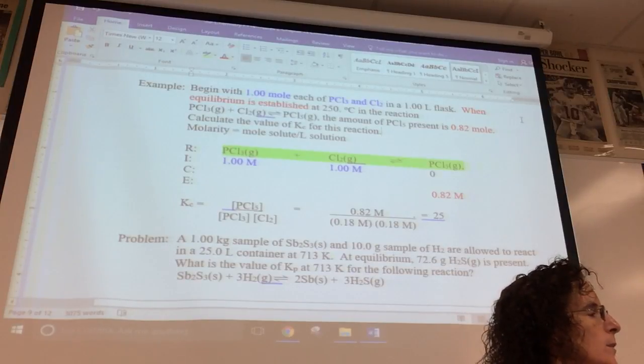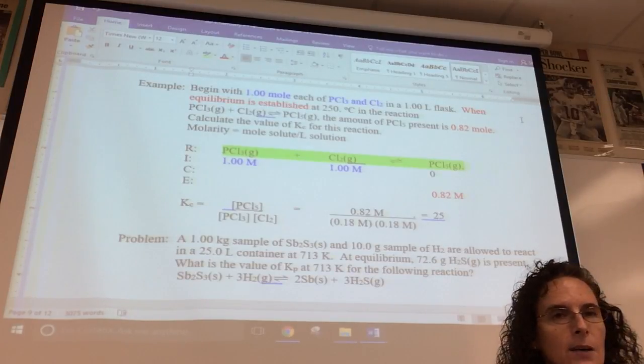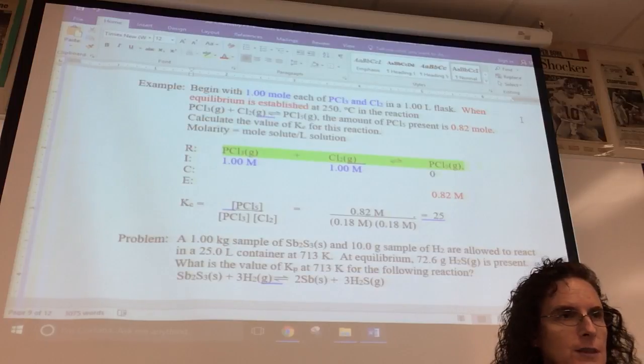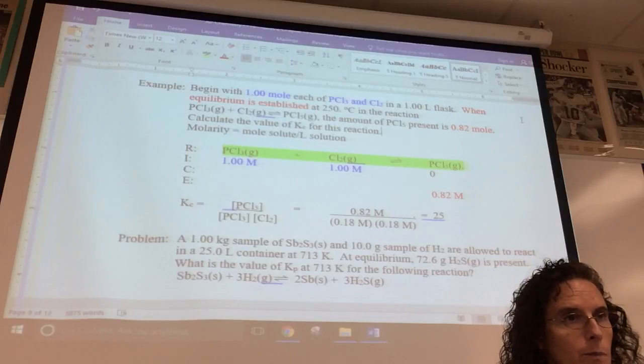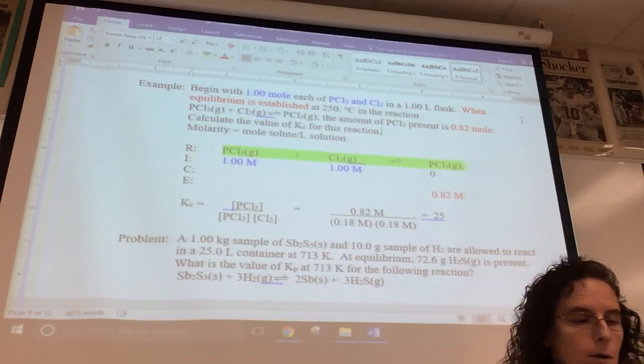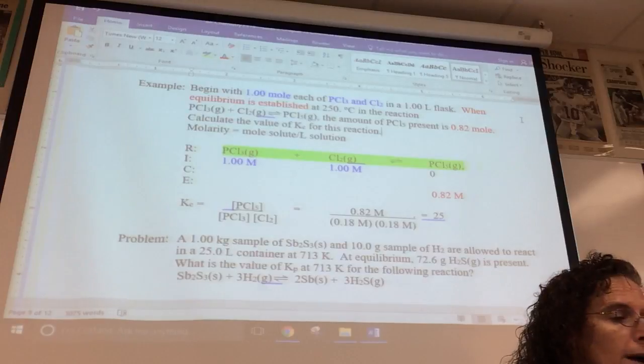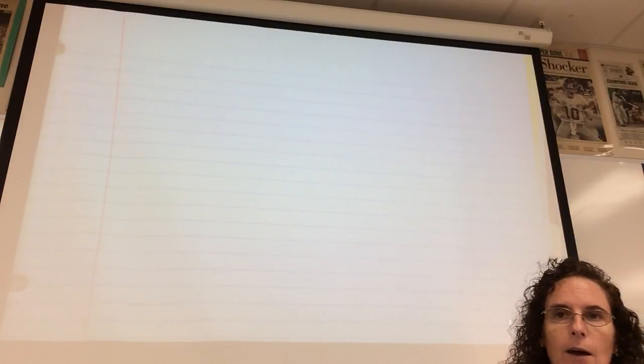What you really need to be careful with is at first glance it looks like they're just giving you all the concentrations and, ooh, let's write our Kc expression, plug in and solve. No. Be very, very careful. I am going to rewrite what's on your page. I did it color-coded for a reason, and that will be made clear.